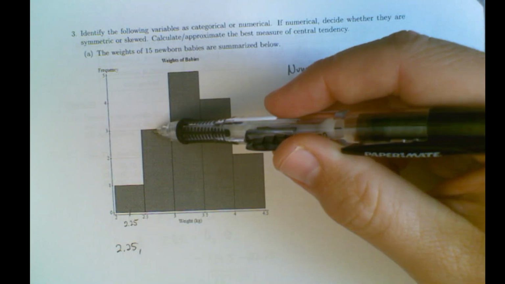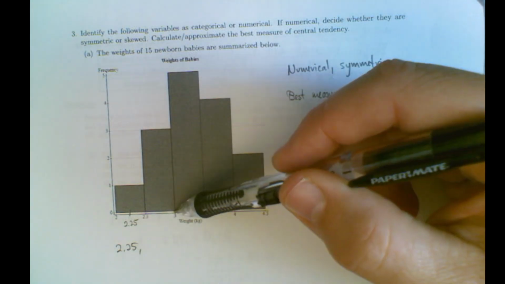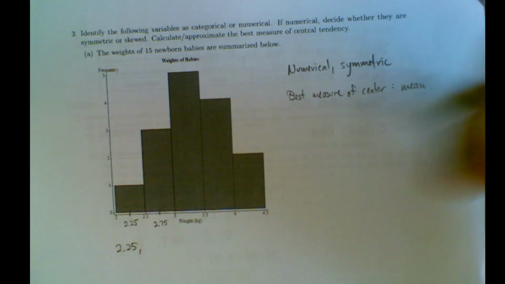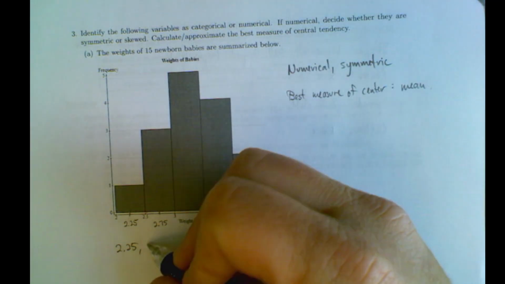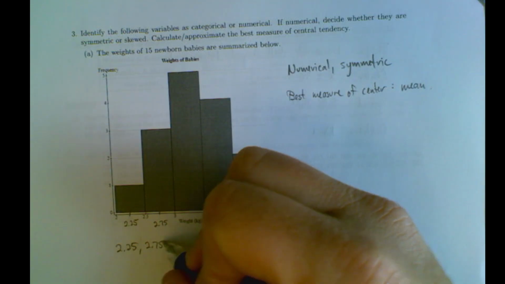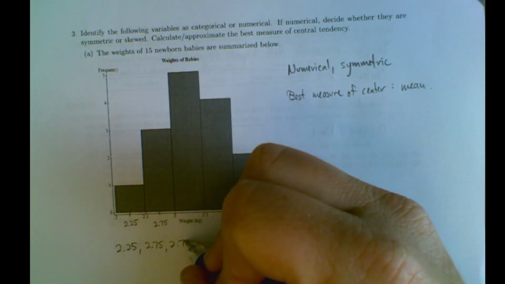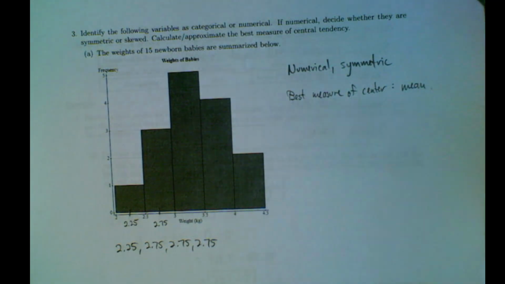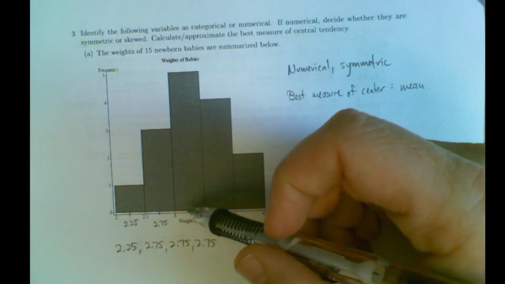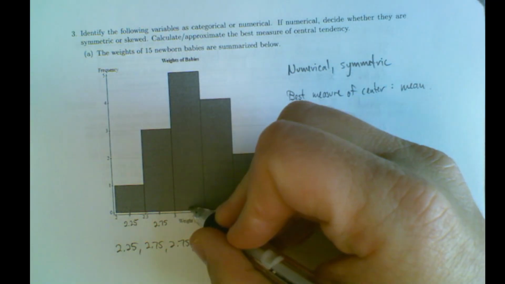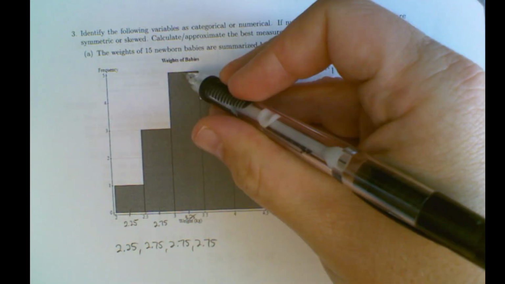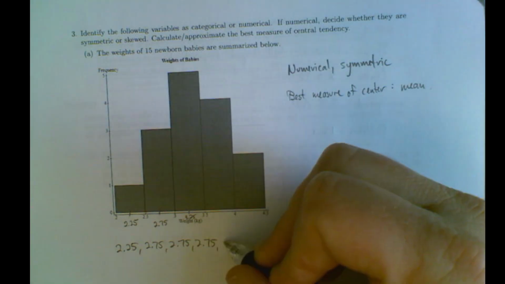There were 3 babies that weighed between 2.5 and 3 kilograms. The dead center of that class is 2.75, and I'm going to write down 3 of those, since there were 3 of these. We would do the same thing for the remaining classes. The dead center of this class is 3.25, and there were 5 babies in that category.